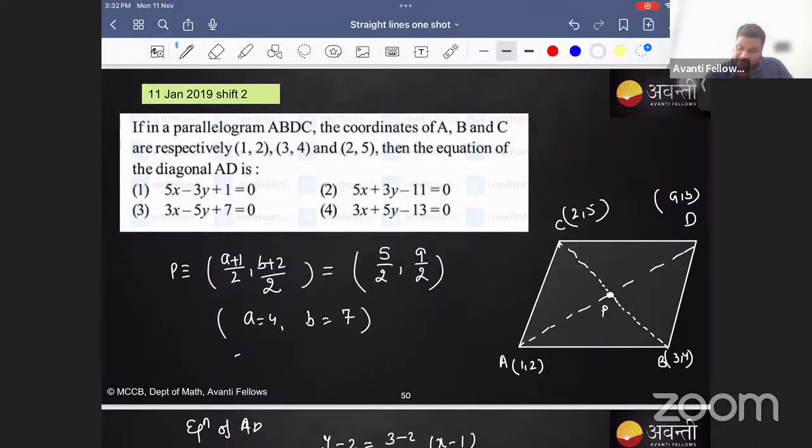So this point became (4, 7). Got it? Now (1, 2) though satisfying all the options, (4, 7) if you check, satisfying A option. Got it? So (4, 7) is what? A option is this. Am I clear?